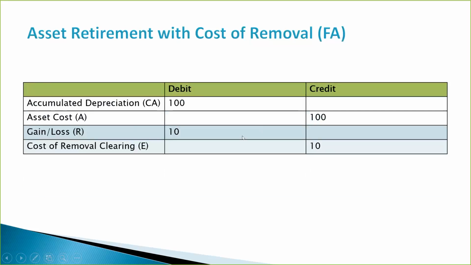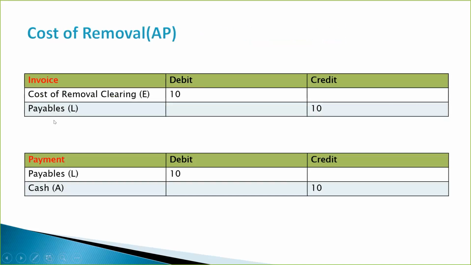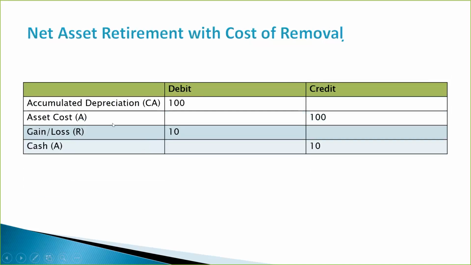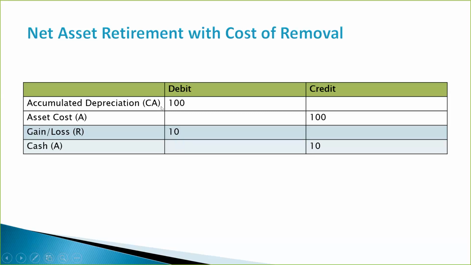So those entries cancel each other and you're left with cash and these three accounts here. So the net accounting created with cost of removal for an asset retirement is this, okay? Accumulated depreciation, asset cost, loss in this case from the cost of removal, and the cash that you paid for that removal.